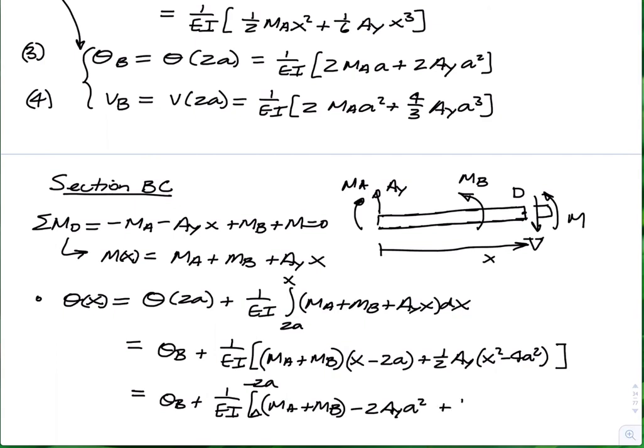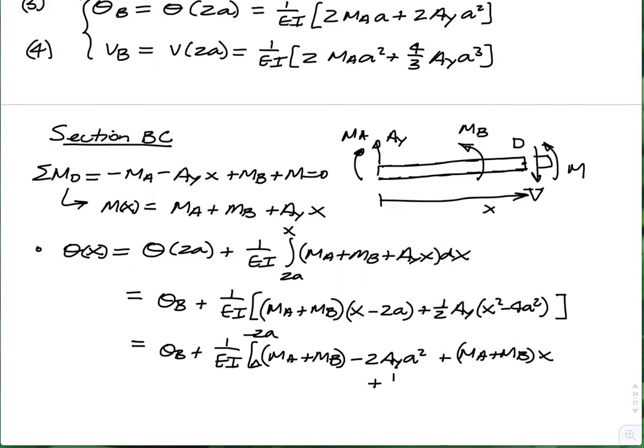I'm going to have an MA plus MB times x, and I'm going to have a 1/2 AY x squared. I think that's correct. I've got the x squared, I've got the x, I've got the constant terms there.